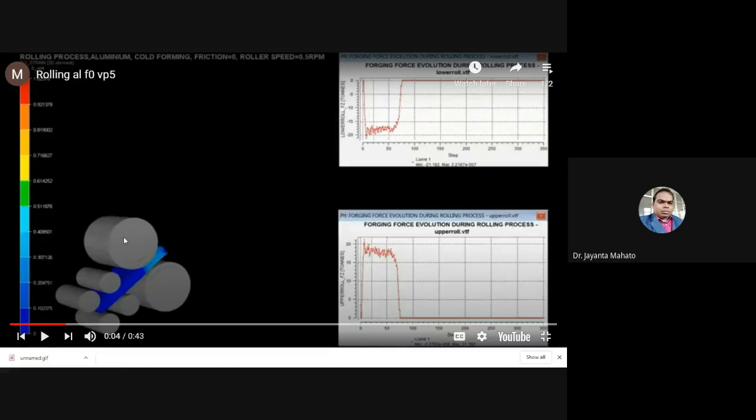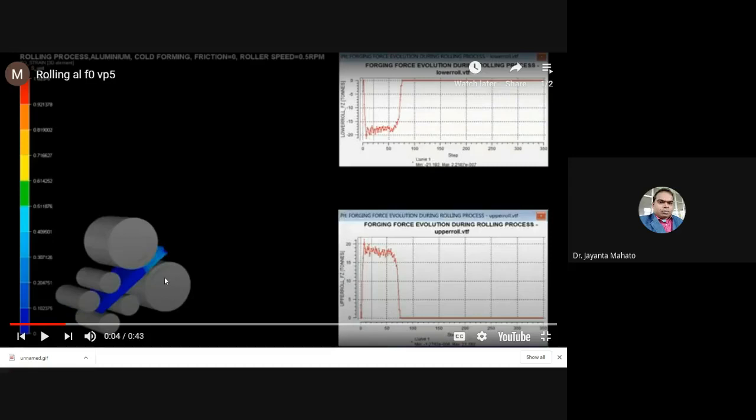The force detected by the upper roller is positive, if you consider the force in this direction. But the same detector will also detect the force connected to the lower roller, and this force is detected as a negative value.